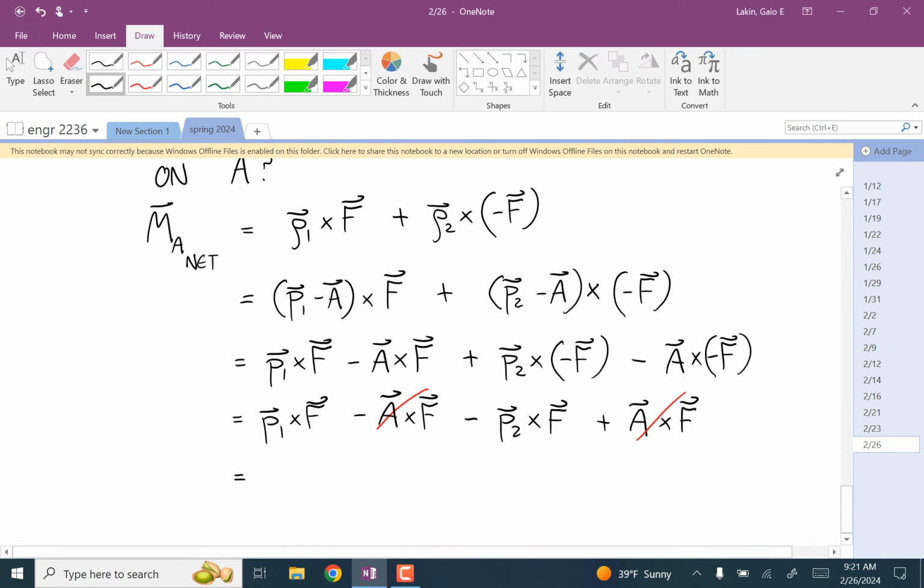And if you want to simplify it, you could simplify it as P1 minus P2 all crossed with F. Okay?